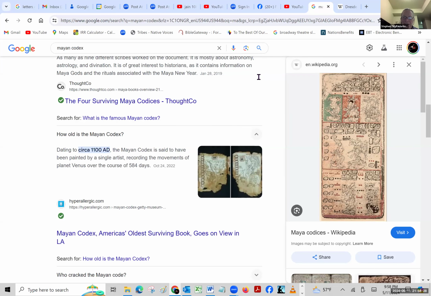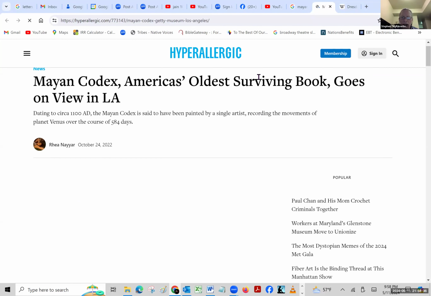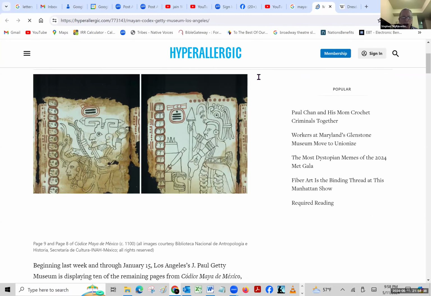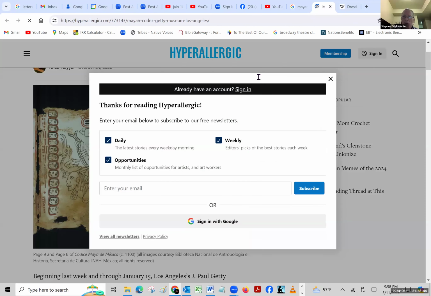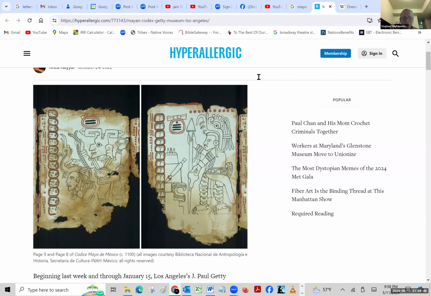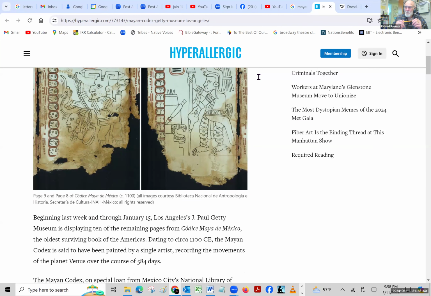I'm going to find this one codex. Thank you for being patient as we do this, but I think these are the Mayan glyphs. They look quite similar to Egyptian hieroglyphs, I would say, from my uneducated point of view.